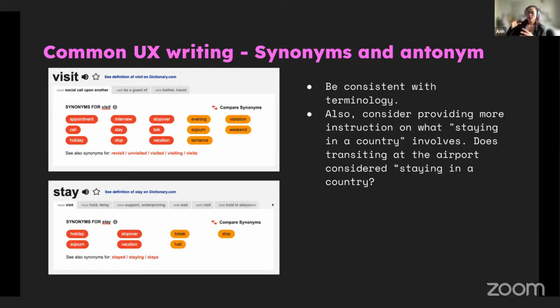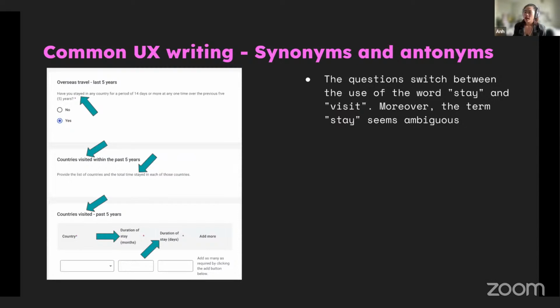And for this example, I will go back to the form. There are so many ways you can interpret the form. For example, if I lay over in a country during my flight, does that count as a visit or a stay?